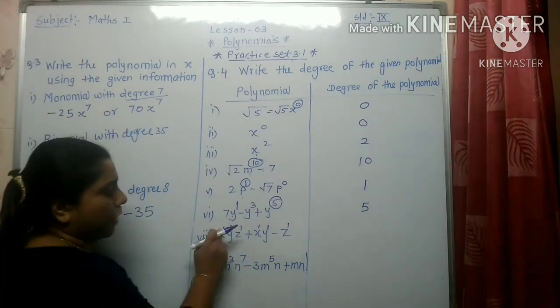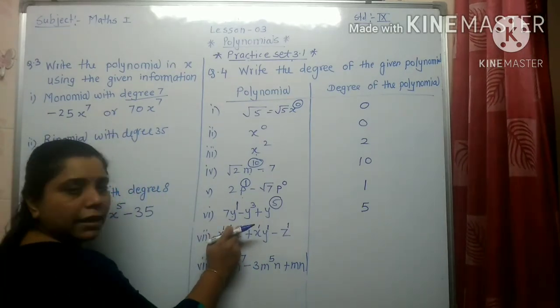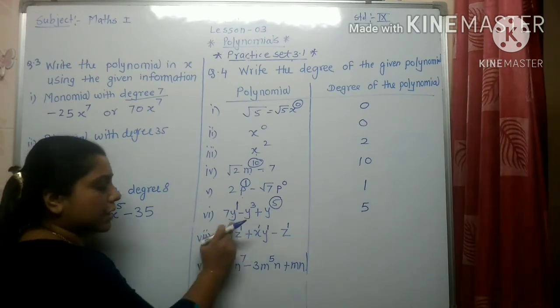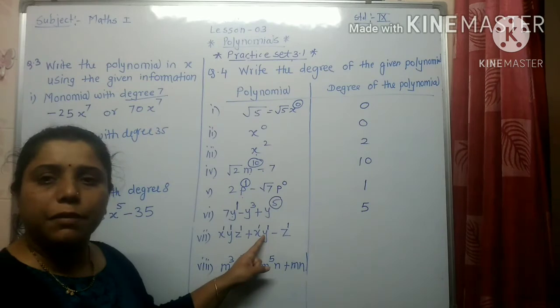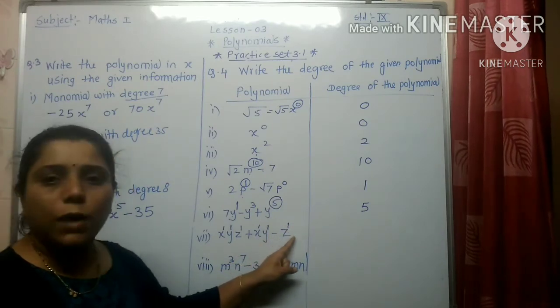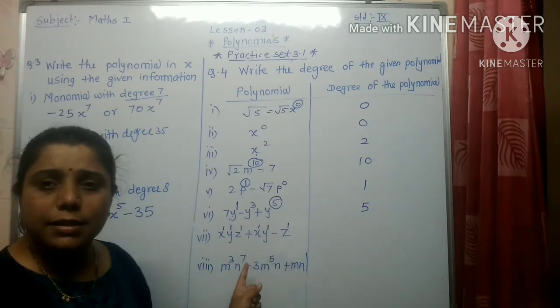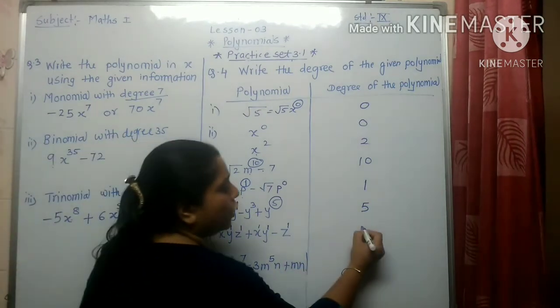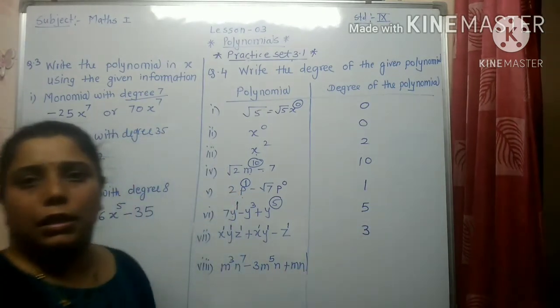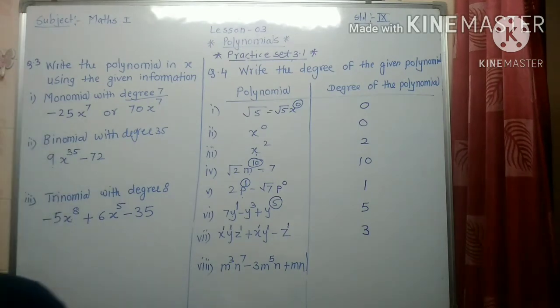So I am adding 1 plus 1, 2, 2 plus 1, 3. So here for the first term the degree will come 3. In the second term it will become 2. Here 1. So in this case, which is the highest sum of the variables? 3. So what is the degree of this polynomial? 3. Okay.